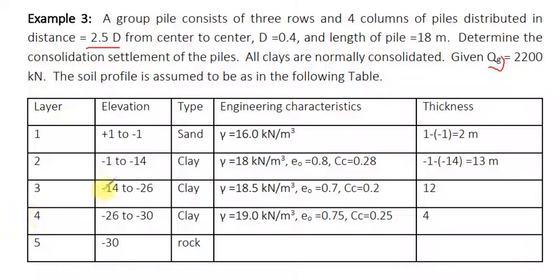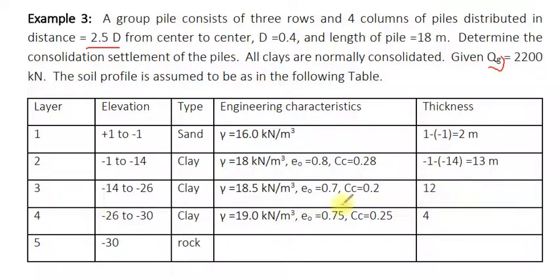The third layer is from -14 to -26. The type of this layer is clay and the unit weight equals 18.5 kilonewton per meter cubic. The original void ratio equals 0.7 and the coefficient of compressibility equals 0.2. The thickness of this layer is equal to 12 meter.